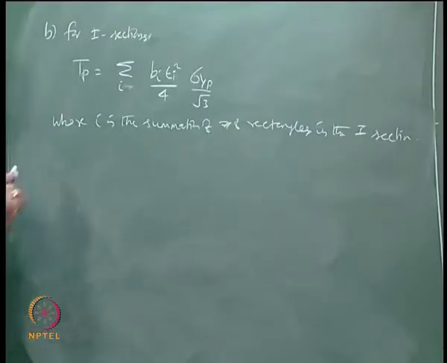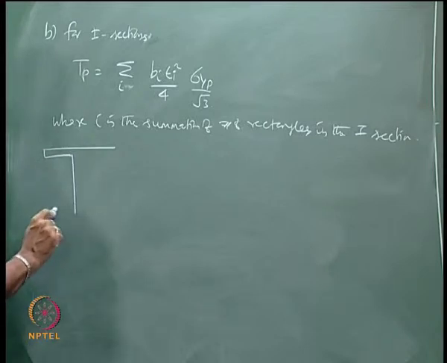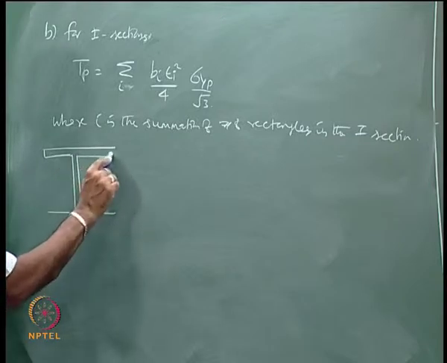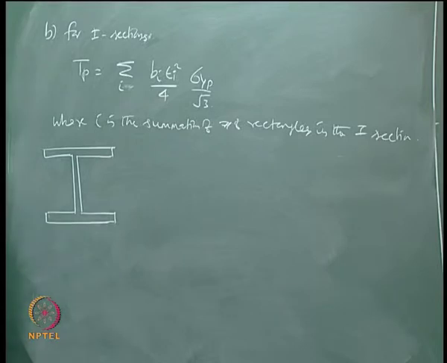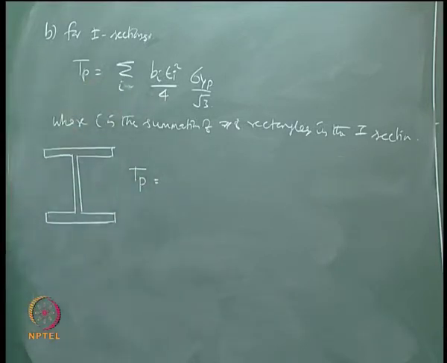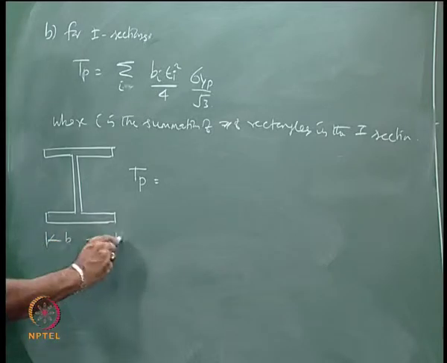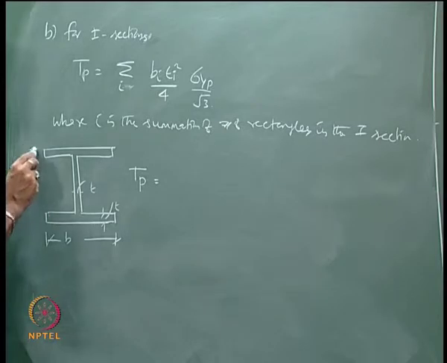So, if you have an I section, I can say Tp using this expression, this is B, these are all T, this is also T, this is also T, and this is H.